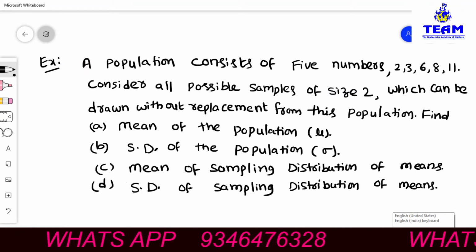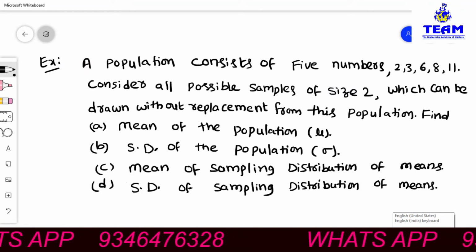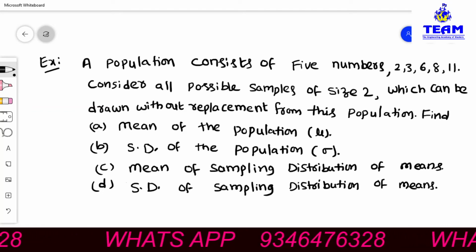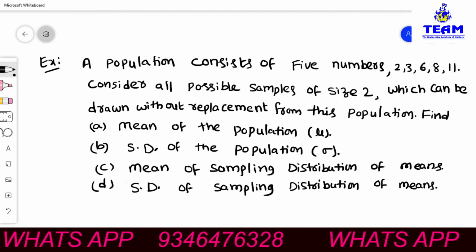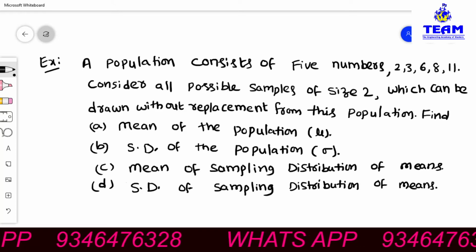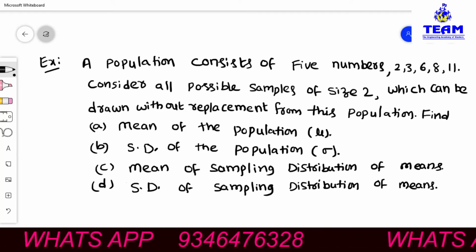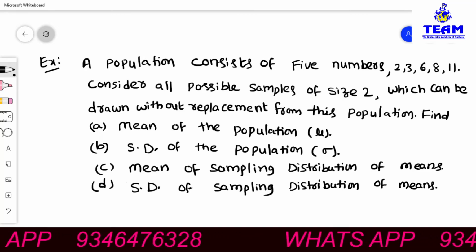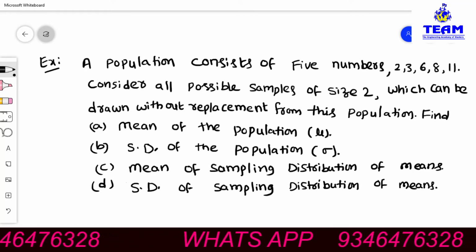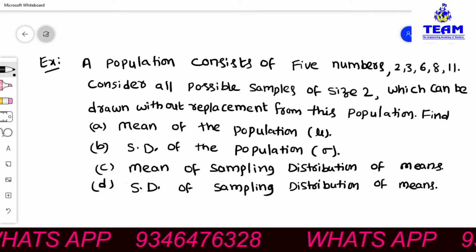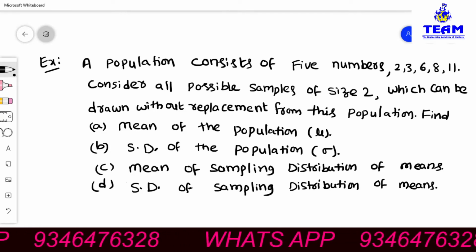Friends, now I would like to do another type of problem for a finite population, which is also known as sampling without replacement. Now the problem is a population consists of 5 numbers which are 2, 3, 6, 8 and 11.